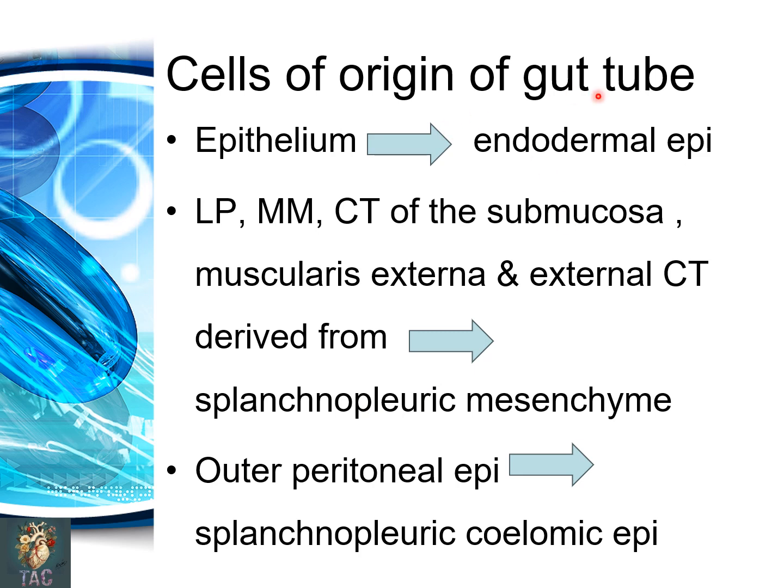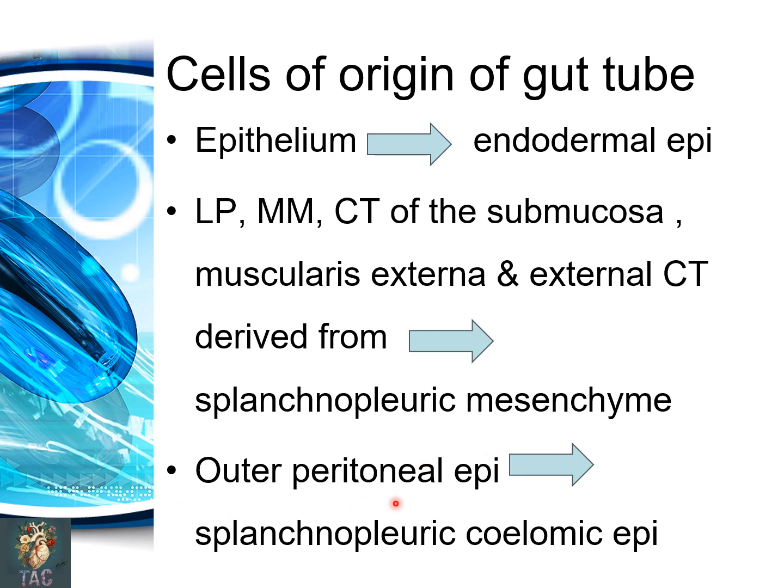The cells of origin of the gut tube are also important from your papers' MCQ point of view. So there are different origins for the gut tube. The epithelium is derived from the endodermal lining epithelium of the gut tube. The lamina propria, the muscularis mucosae, the connective tissue of the submucosa, muscularis externa, and the external connective tissue are all derived from the splanchnopleuric mesenchyme.